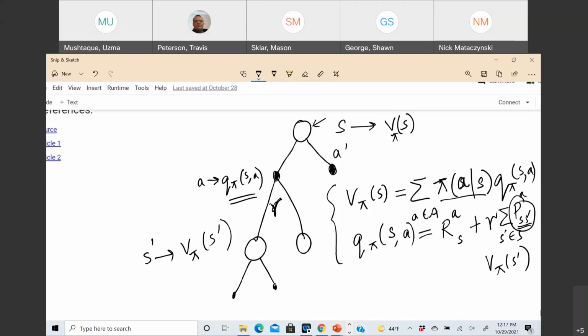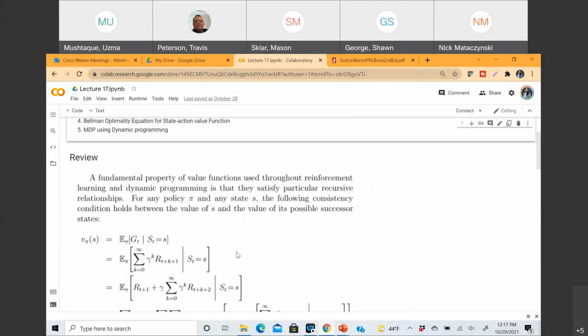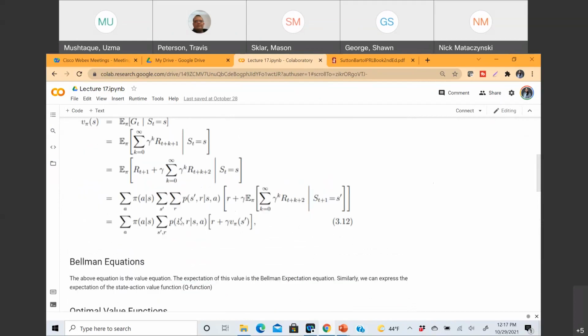So I'm going to write the recursive value here, and that's given in the textbook. I have copy pasted this entire equation here, but after looking at the computational graph that we looked at, now it will become clear how we got here.